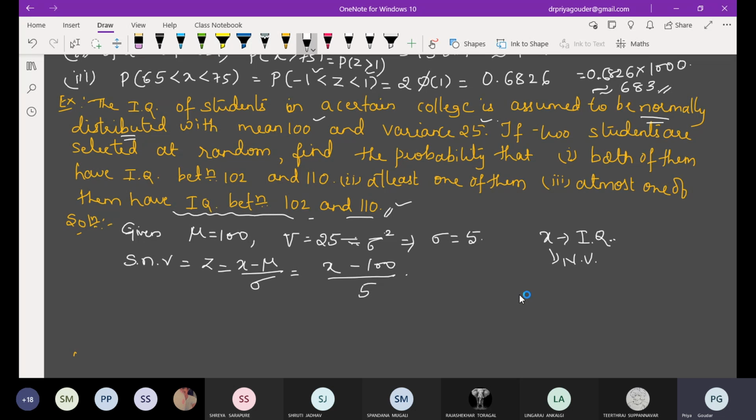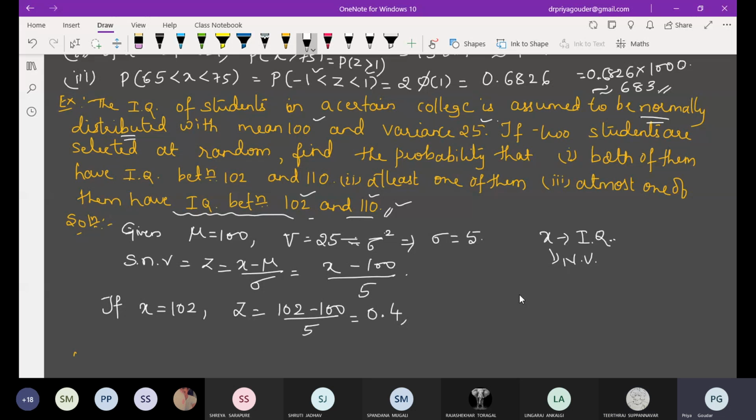Right. So which two values are given commonly here? 102 and 110. These values are to be chosen for Z or X? X. So if X is 102, the value of Z is what? 0.4. 102 minus 100 divided by 5 is 0.4.